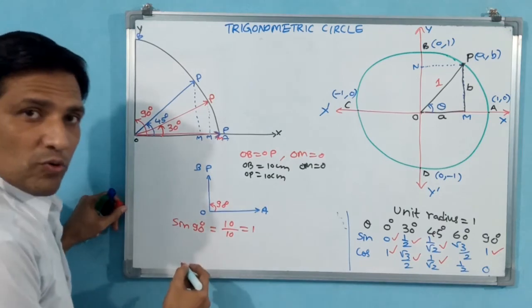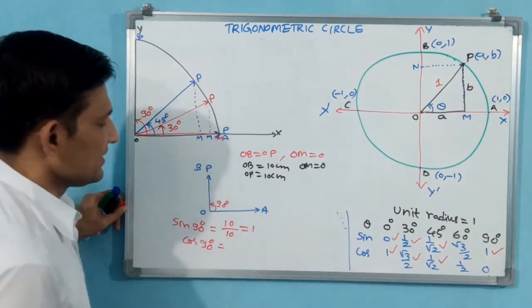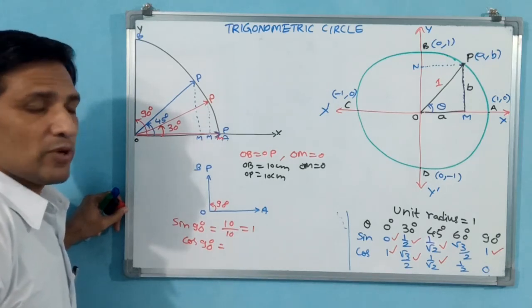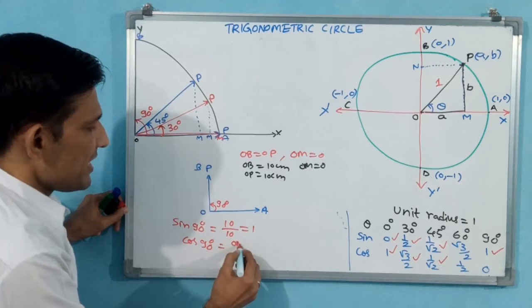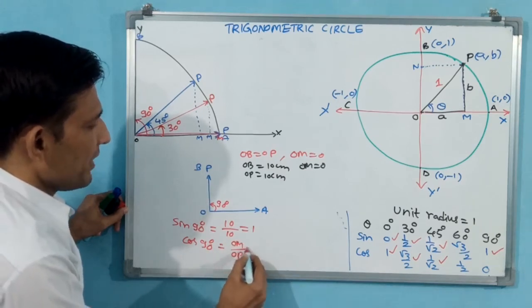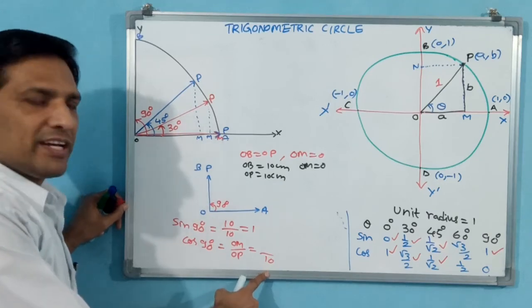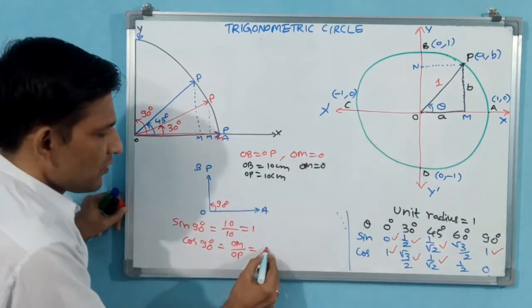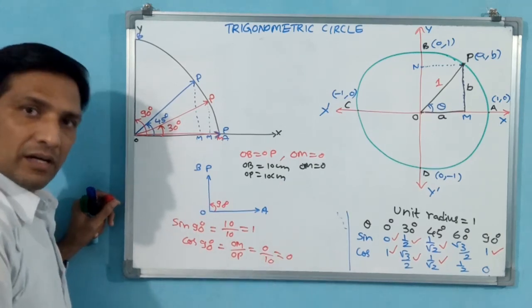Okay. Now you go for cos 90. Cos 90 degrees. Even if you observe, OM has become 0. OM by OP. But see, hypotenuse is always 10 centimeter or 1 unit. But OM now has become 0. 0 by 10. It is going to become 0 only, na?